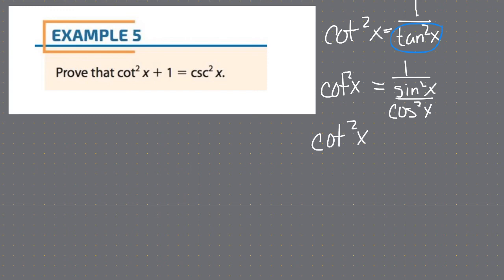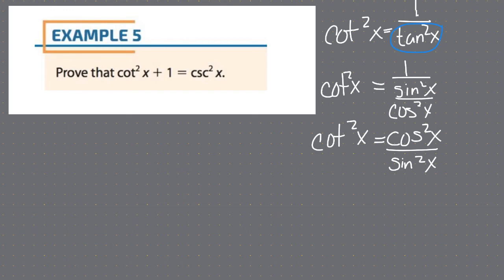Now I want to get rid of that. Well, remember, copy dot flip, so I'm really going to take 1 over 1 and multiply by cosine squared x over sine squared x. So the cotangent squared x is really the reciprocal of tangent squared x, which is cosine squared x over sine squared x.